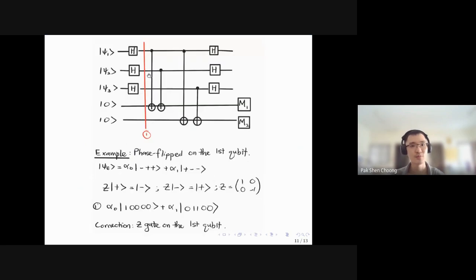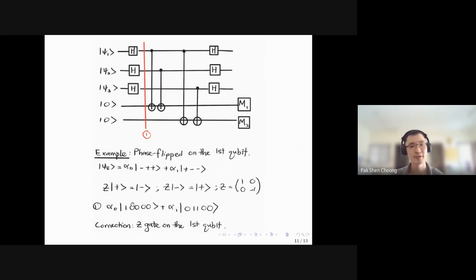Now again, we consider the same thing. If there is a phase flip error on the first qubit, the plus becomes minus, and the minus becomes a plus. So you can see that the structure of the error detection is the same over here. What is different is you just have some extra Hadamard gates. What this does is it turns your plus back to zero, as zeros and ones.